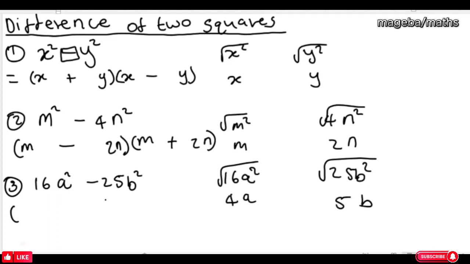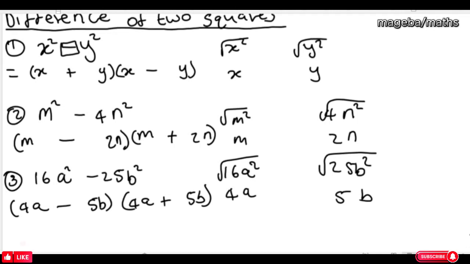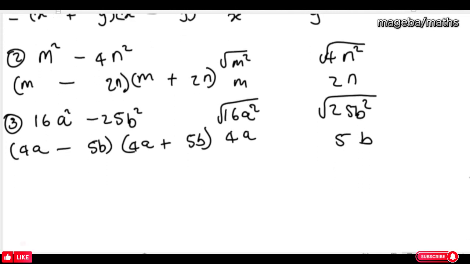Then open two brackets. The first term here is 16a squared, so the square root of it is 4a. Put 4a also here. And then the square root of 25b squared, which is the second term, is 5b, and then 5b, and then plus or minus. It depends which one you choose to put that negative sign.